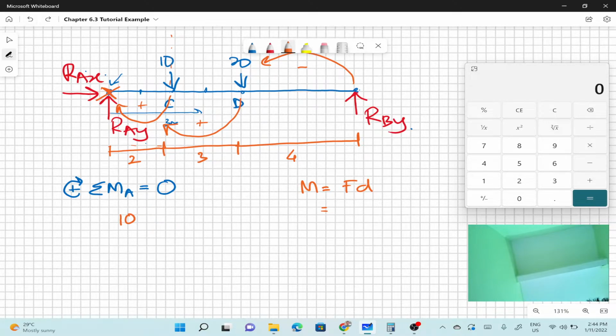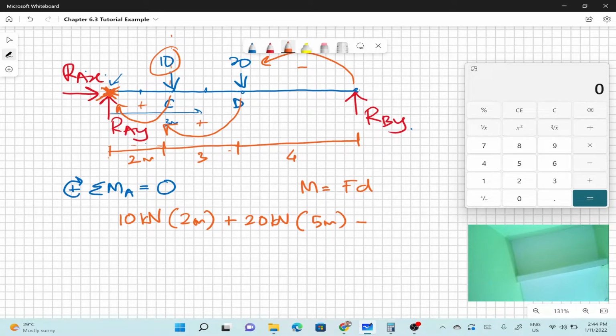This 10 kilonewton times the 2 meters, the distance here. It's going to be positive because it's clockwise, and then we also have another positive 20 kilonewtons times, not 3 but 5 meters from this point, from our finger, so that's 5 meters.